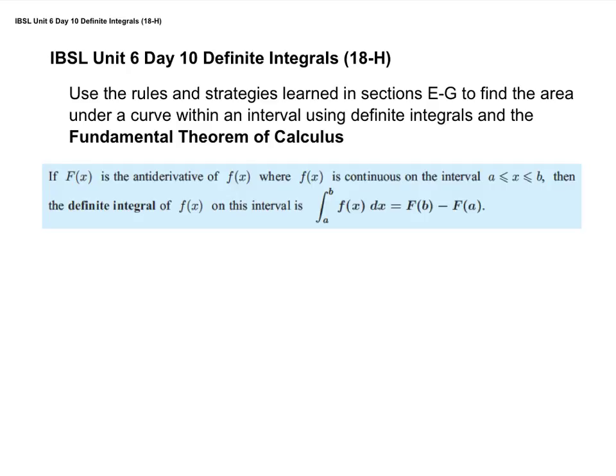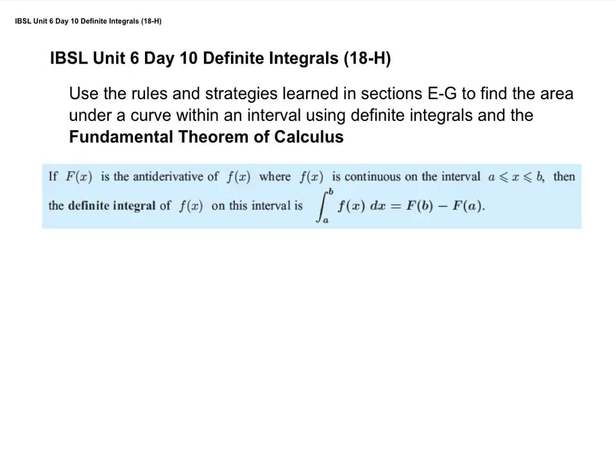But really, to apply any kind of integral to a situation, you're going to be doing some sort of a definite integral. If you remember, when we looked at this before, we said the definite integral has an interval that we want to integrate over, okay?